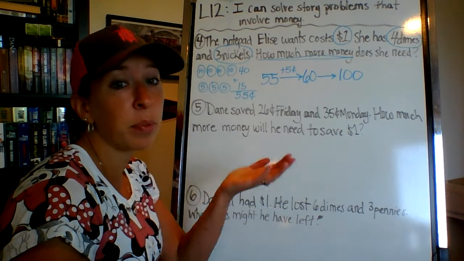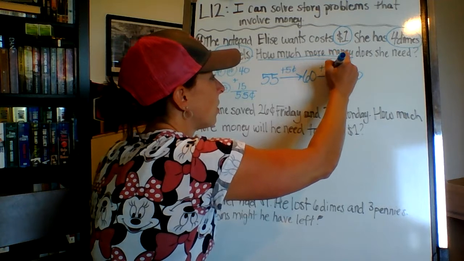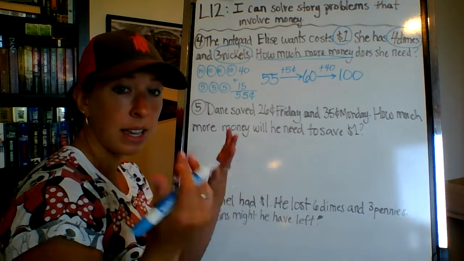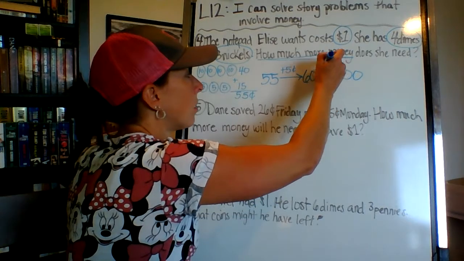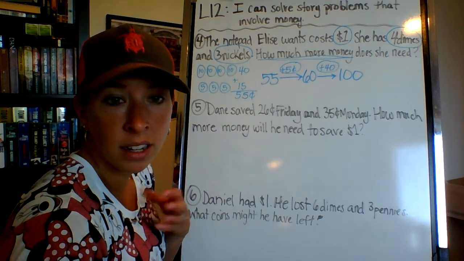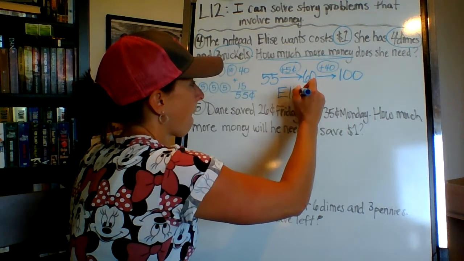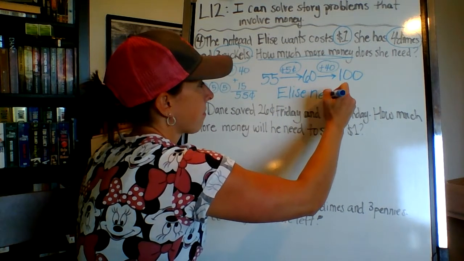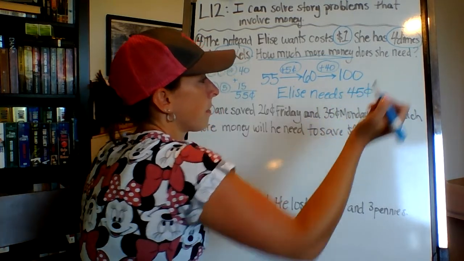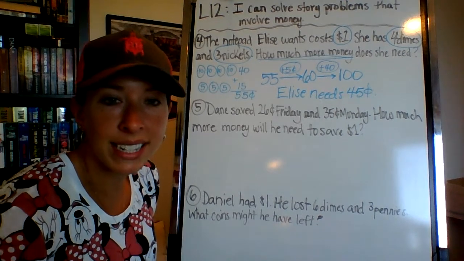So 60 plus 40 equals 100. All you got to do to finish it right is count up what's on top of your arrows. 40 and 5. So how much more money does Elise need? 45 cents. There we go. She needs 45 cents. Give you a second to catch up.